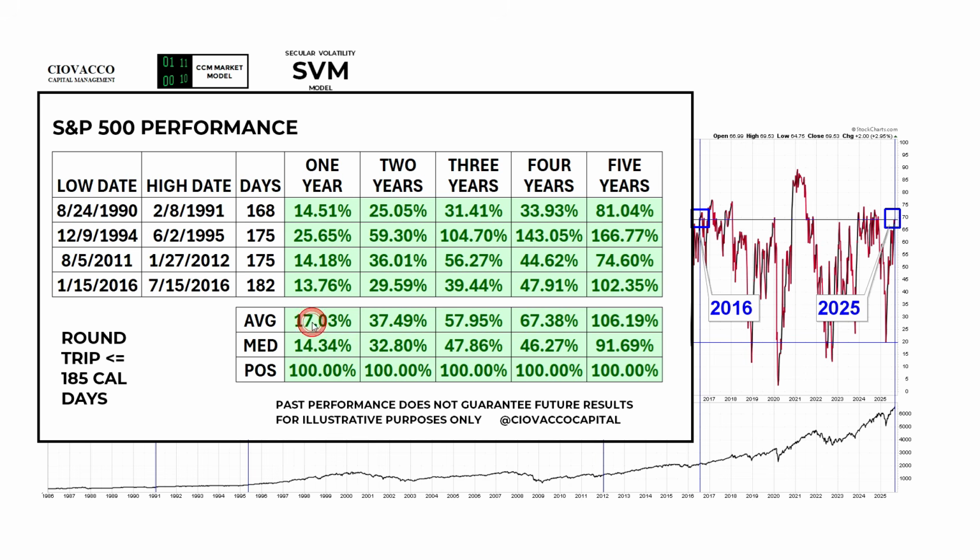Average gains 17%, 37%, 58%, 67%, and a little over 100%. Notice how consistent the returns are. The average and median returns, relatively close.